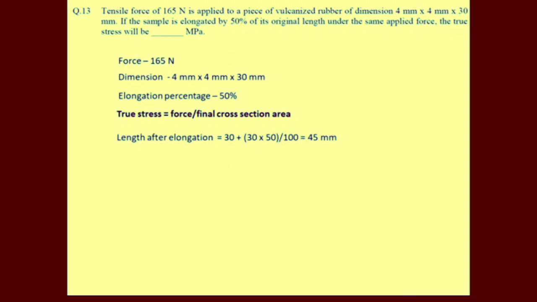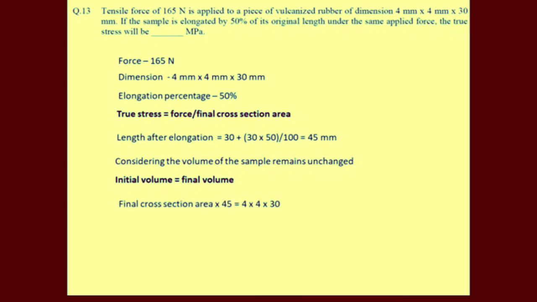So, after deformation, the new length will be 45 mm, and since volume remains unchanged, the initial volume will be equal to new cross-sectional area multiplied by new length, which is 45 mm. On simplification, we find that the new cross-sectional area is 10.67 mm square.